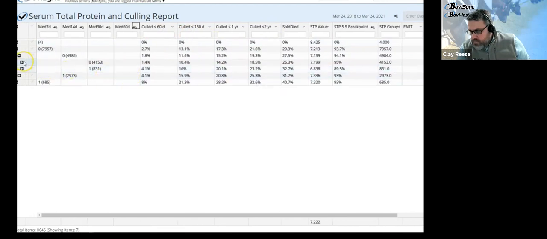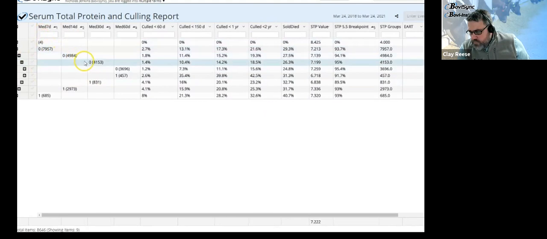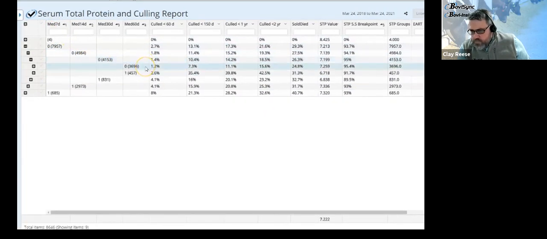So this is an example of how we can go multiple layers deep, looking at these cohorts and trying to get a better understanding of the things that are affecting outcomes on the dairy.